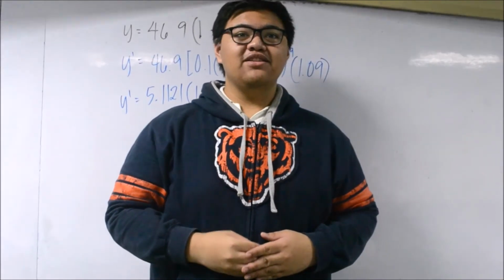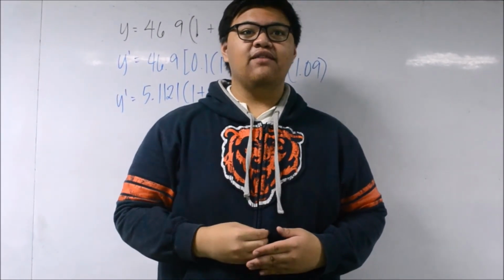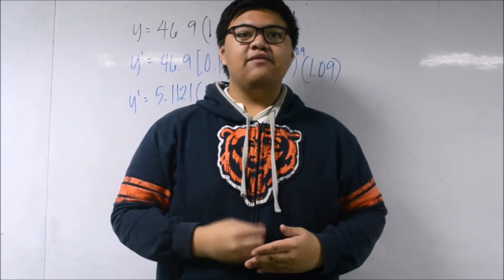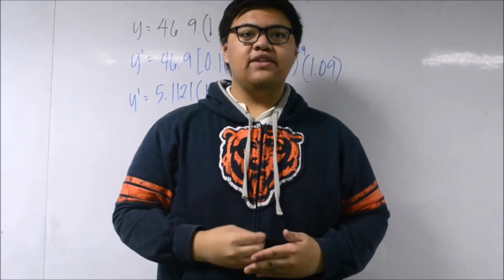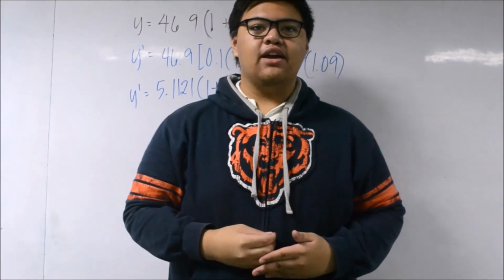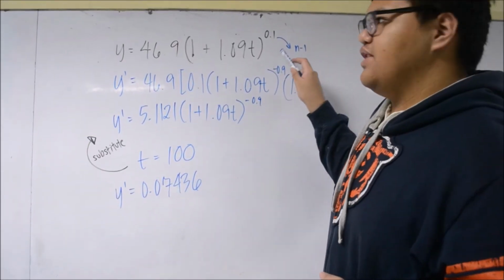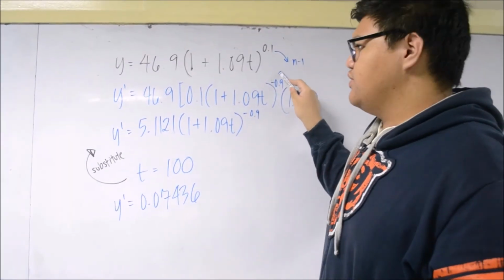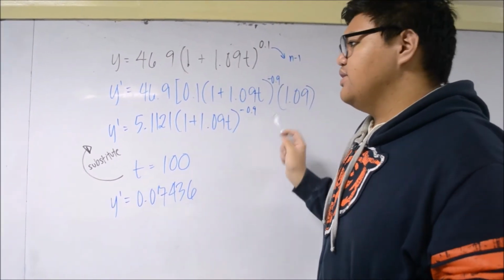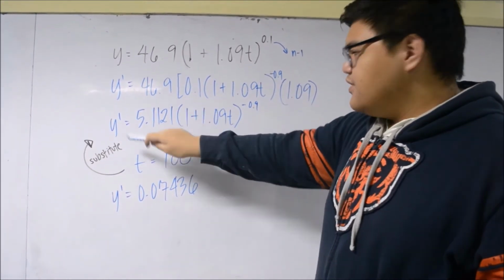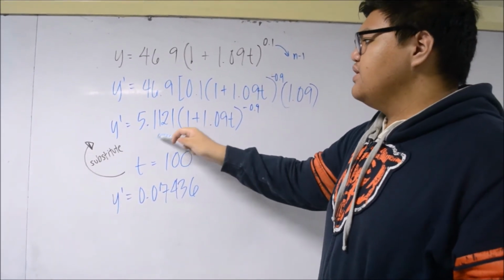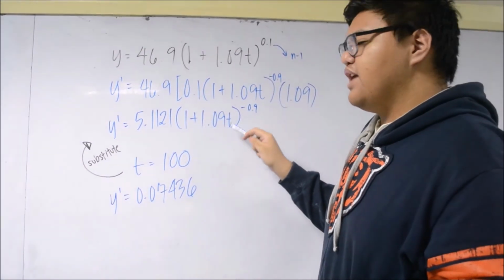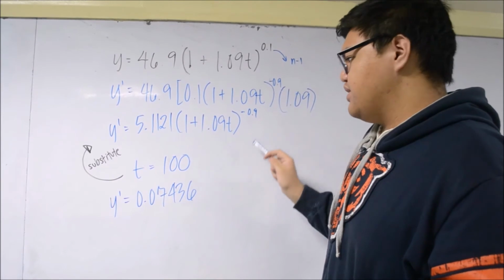For the second part, the rate of change of life expectancy of a male at the beginning of 2000 is being asked. Therefore, we have to differentiate, or get the first derivative of the equation, with respect to time. From the given equation, we will find the first derivative using the power rule. After simplifying the equation, the first derivative will be 5.1121 times 1 plus 1.09t raised to negative 0.9.